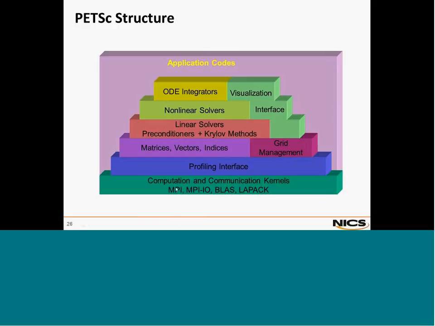The lowest level is the computational and communication kernel, which is MPI, BLAS, and LAPACK. It has a profile interface and data structures, matrices, vectors and indices. There is some kind of grid management, so actually you can decompose your problem using PETSc. And it has built-in linear solvers and non-linear solvers, and also an ODE interface.